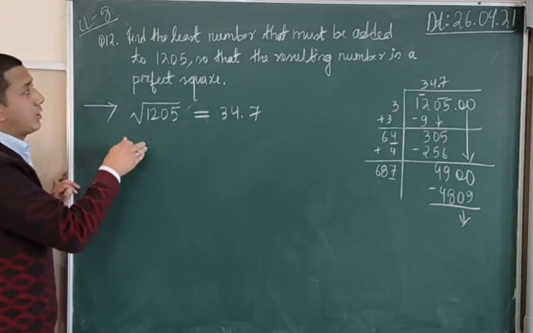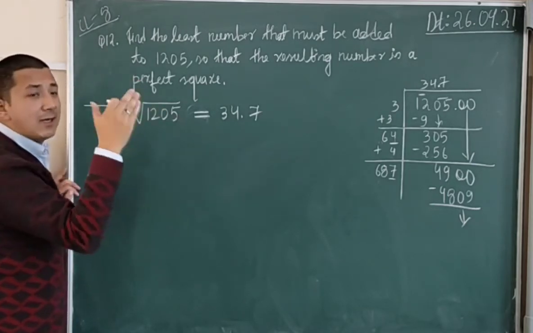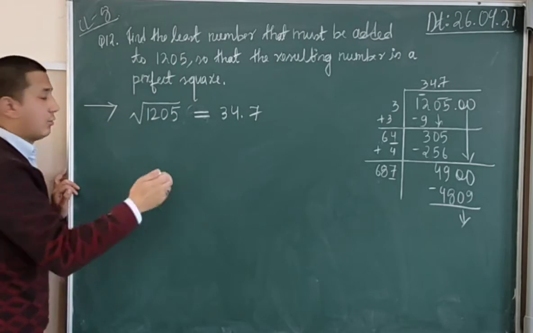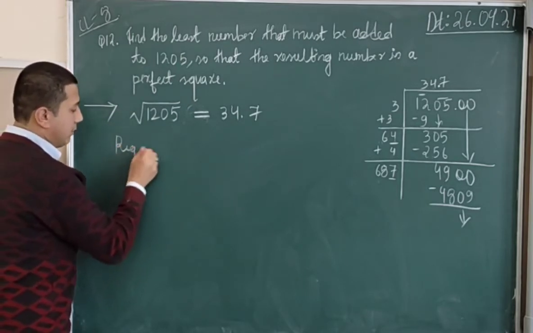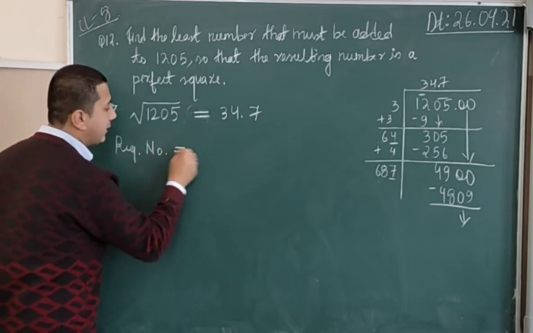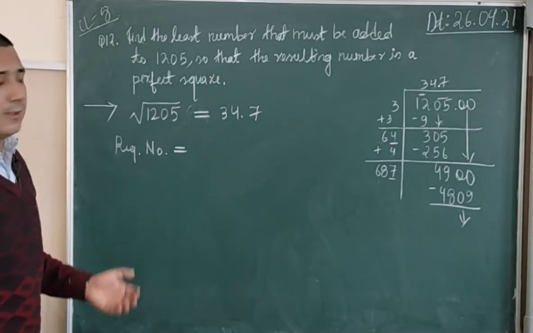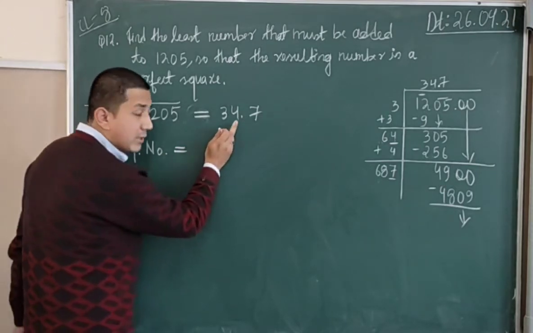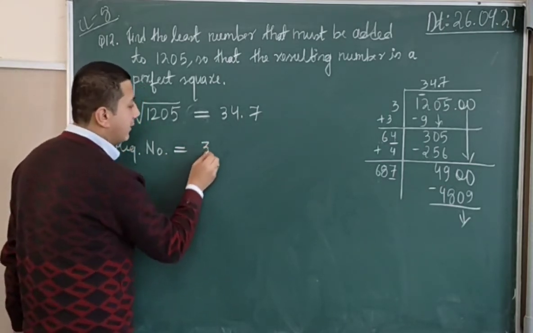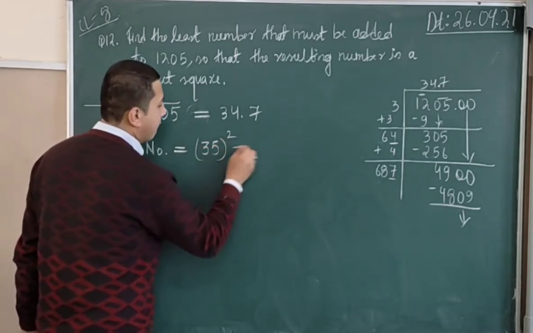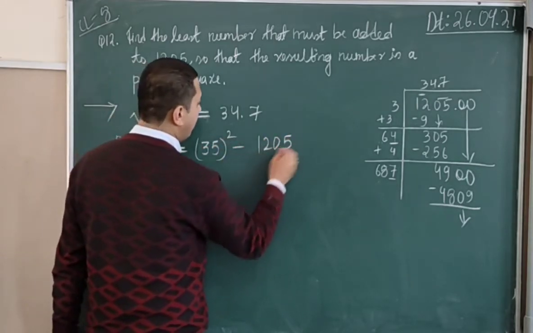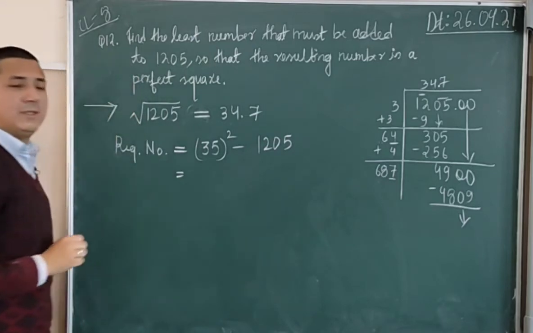What is the question asking us? To find the least number that must be added to this. So the easier way to find the required number is this: what is greater than 34? 35 square minus 1205. This will be the required number.